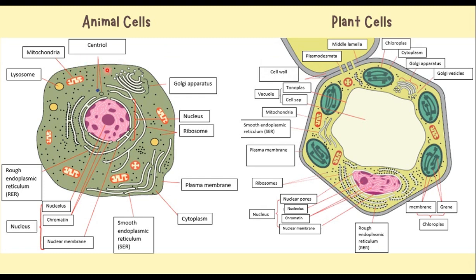The animal cell doesn't have a cell wall. This is an organelle called chloroplast. The chloroplasts are also only found in plant cells, and their function is to carry out photosynthesis.